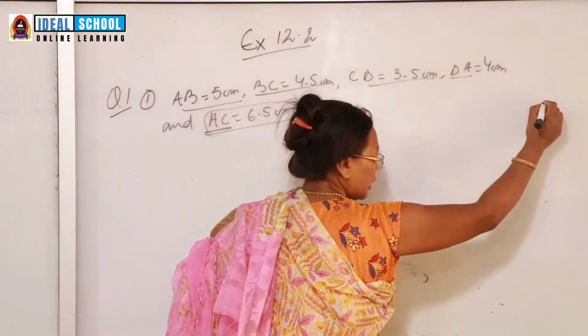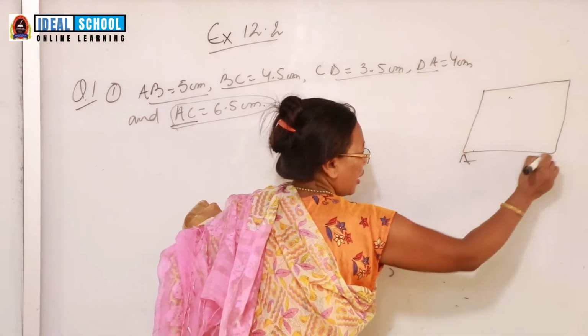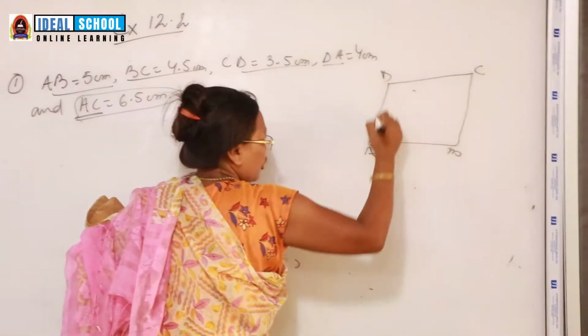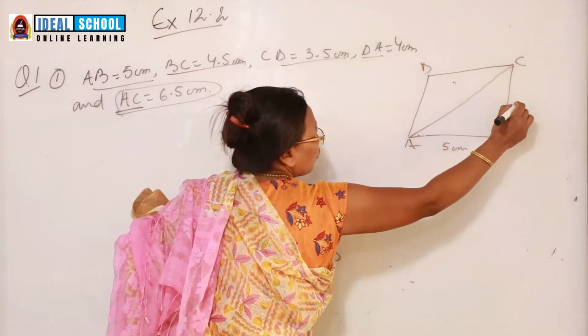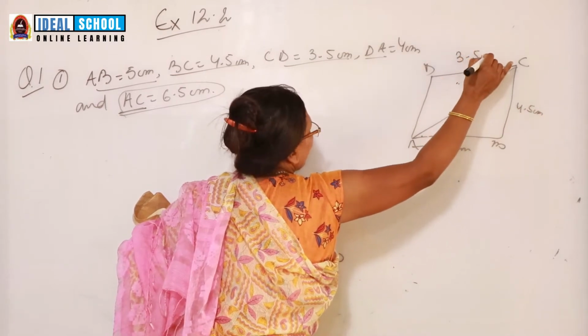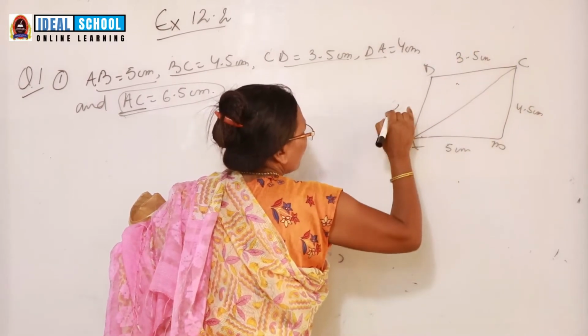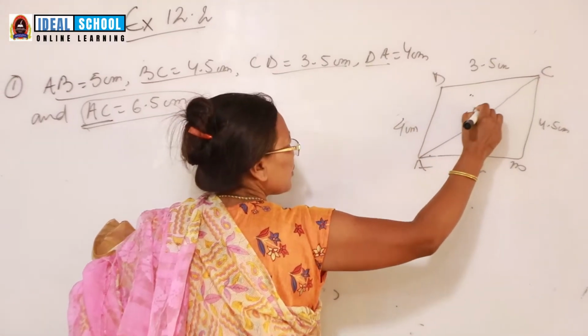Here, let me draw it very small: A, B, C, D, AB 5 centimeter, BC 4.5 centimeter, CD 3.5 centimeter, DA 4 centimeter, and AC is 6.5 centimeter.